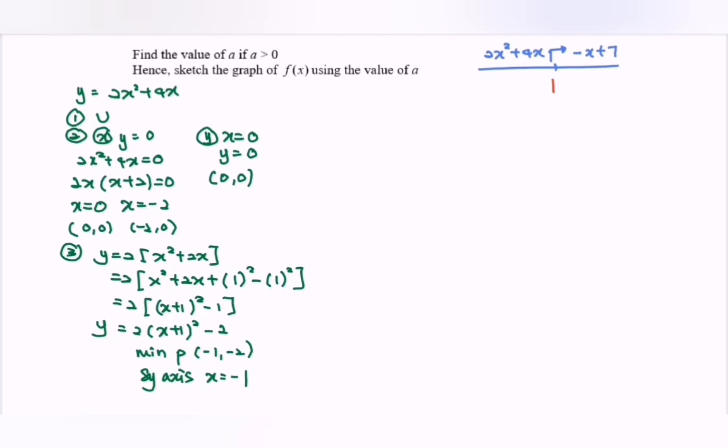Next, focus on the graph. We have (0, 0), then we have (negative 2, 0). So done for this part. Next, we have the minimum point (negative 1, negative 2), and we have the symmetrical axis.